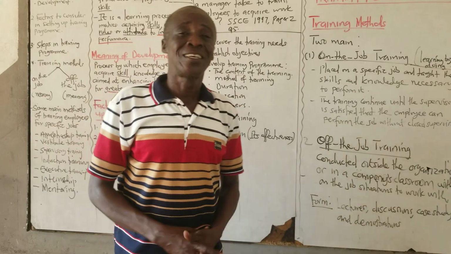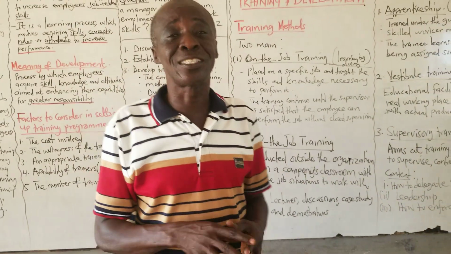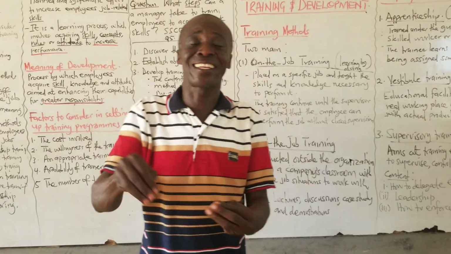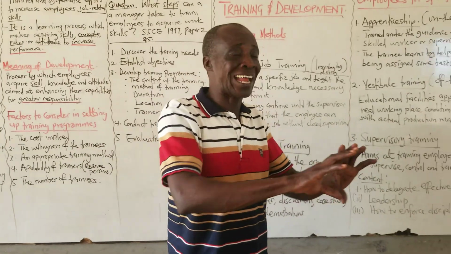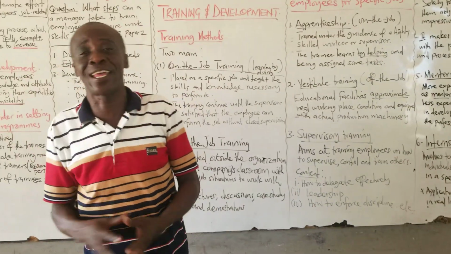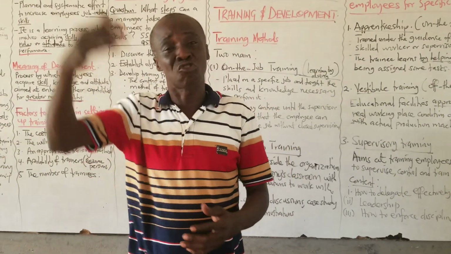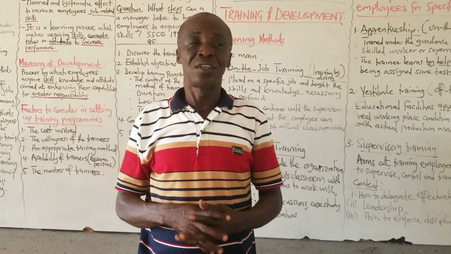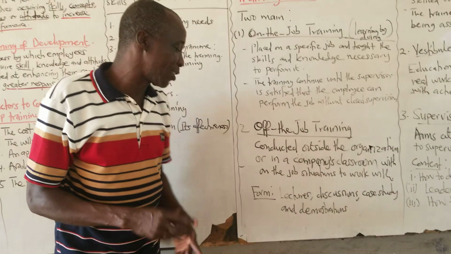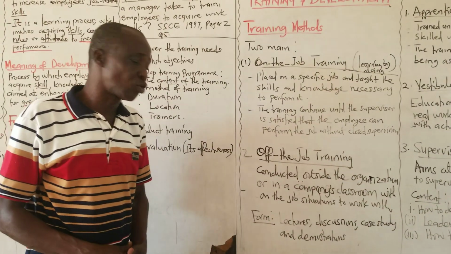In other words, if they have a classroom, they probably have machines that simulate the ones you are using at your work environment. It will be used to train you. So it is conducted outside the organization or in a company's classroom with on the job situation to work with.